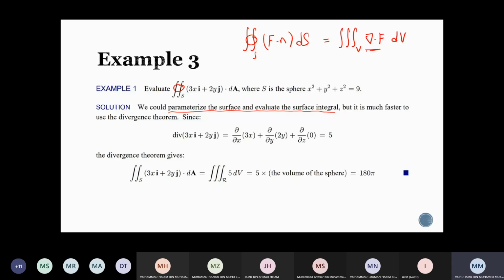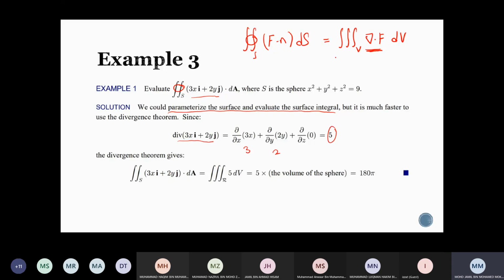Firstly, we need to find the divergence of F. So this is F. The divergence of F is del x of 3x plus del y of 2y plus del z of 0. Differentiating with respect to x, you get 3. Here you get 2. Here you get 0. So you end up with 5.